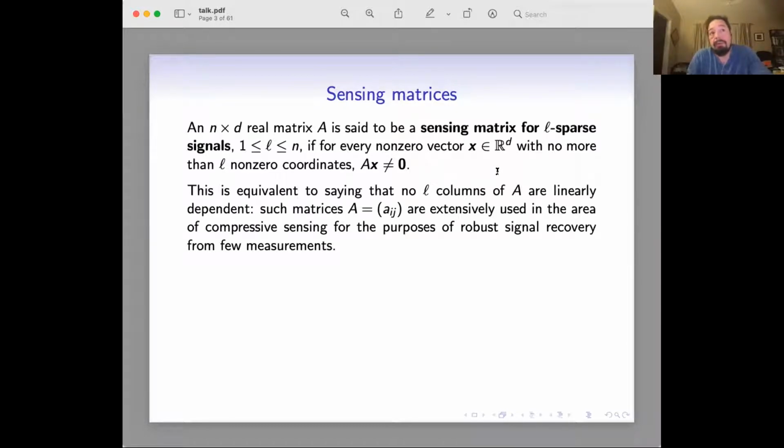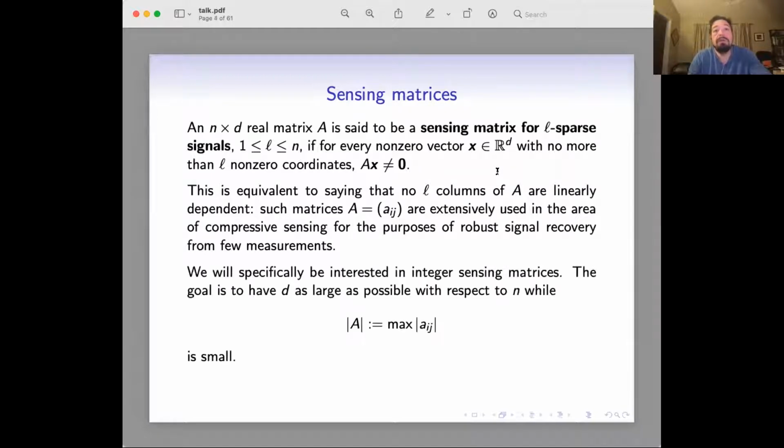So this is actually equivalent to saying that my matrix A has the property that no L columns are linearly dependent. Such matrices are very useful in compressive sensing. They're used specifically for robust signal recovery from few measurements.